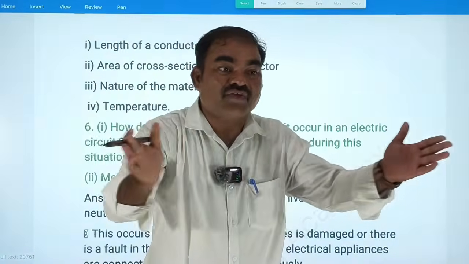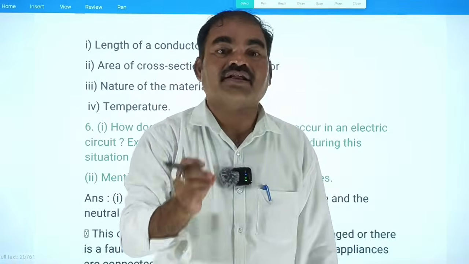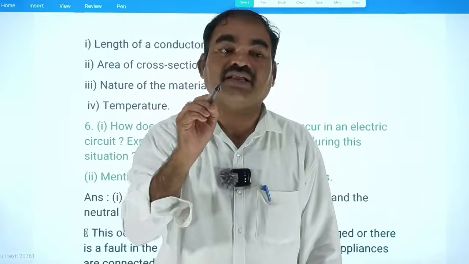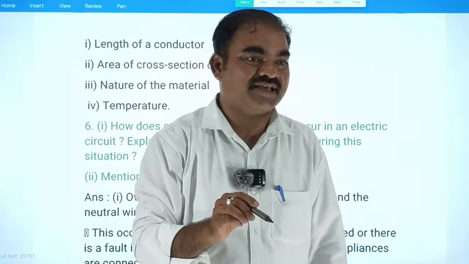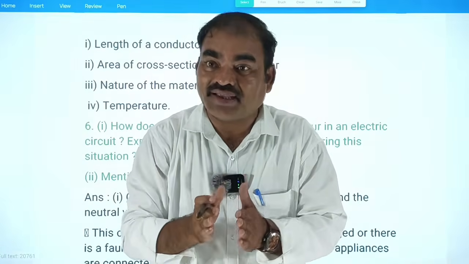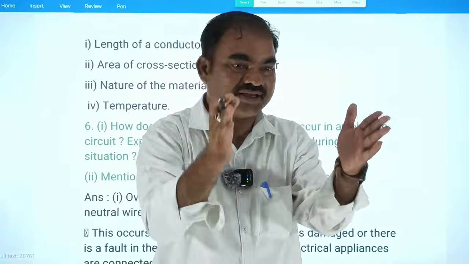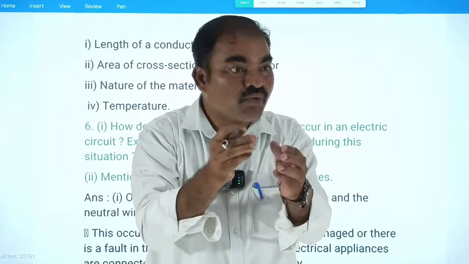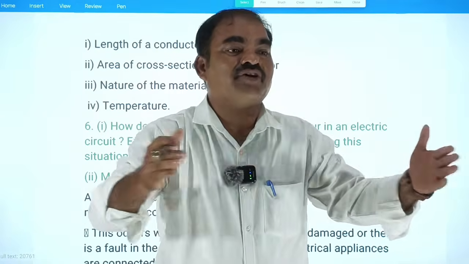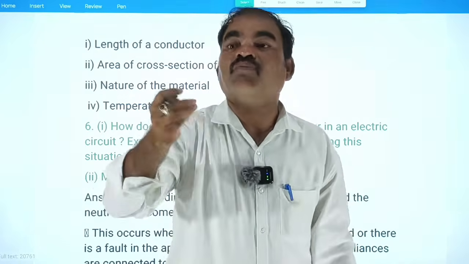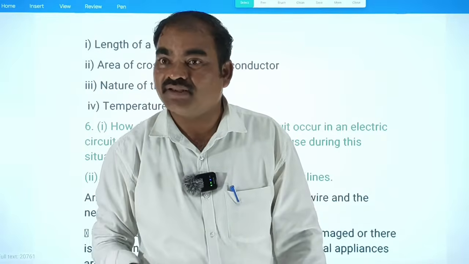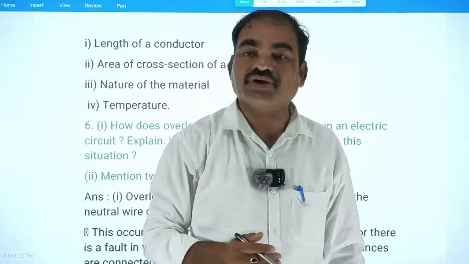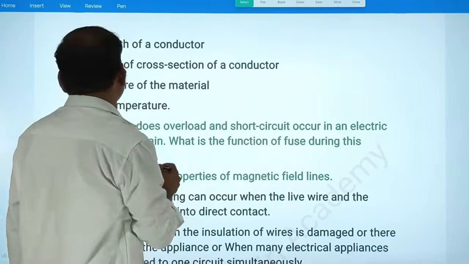If the length of the wire is increased, the resistance is going to increase. So it is directly proportional. Suppose you are moving on a highway where the width is very small, correct? If the length of the wire is increased, more atoms will be present and they will collide with each other. Hence resistance is going to increase. This is the first factor.